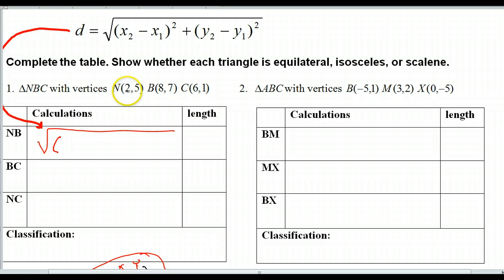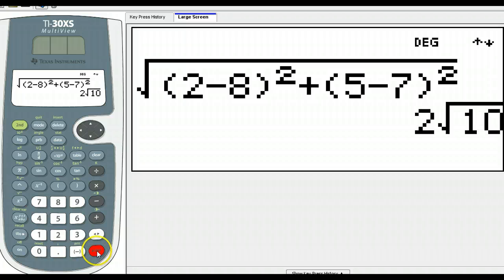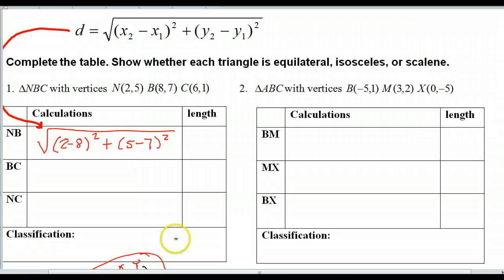So x minus x squared, that's 2 minus 8 squared, and then y minus y, that's 5 minus 7 squared. I recommend that you type the entire thing into your calculator all at once, just like this, and 2 radical 10 is what you get. So that's 2 radical 10.